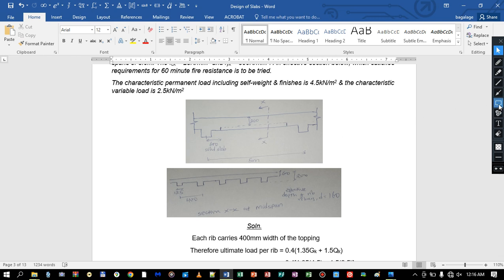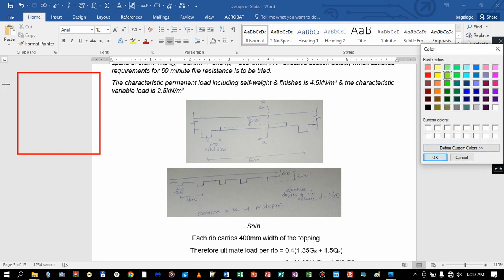Let me try to make a simple illustration here. If this is the plan view of our panel, the extracted panel, let me pick a different color to draw the beams.